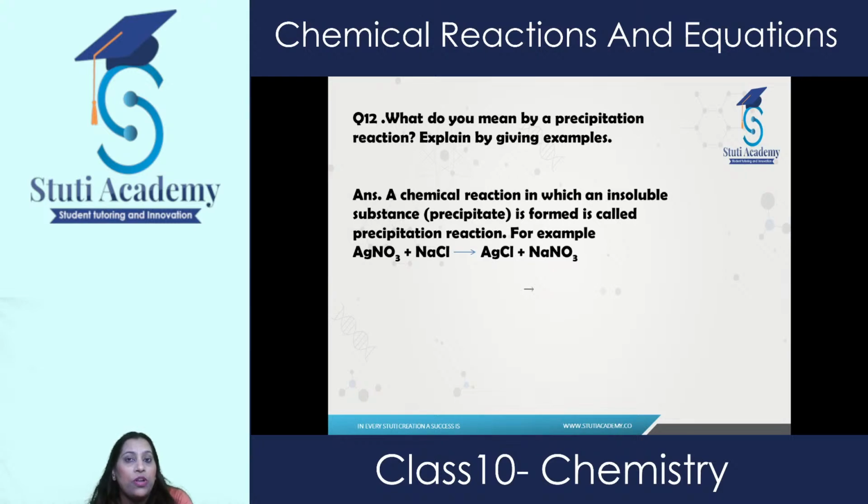And an example of such a reaction is when silver nitrate comes in contact with sodium chloride, it results in the formation of silver chloride and sodium nitrate. So this is an example of a precipitate. This is a precipitate which is formed during this reaction. It's a 2-mark question, students.